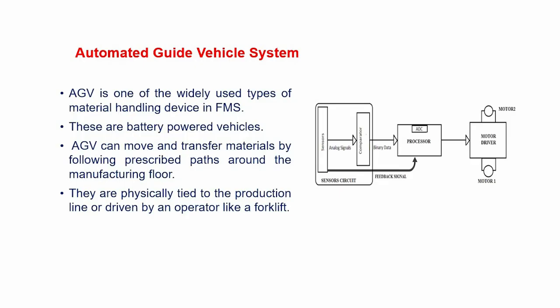Automated guided vehicles can move and transfer materials by following prescribed paths around the manufacturing floor. They are used to transfer materials, devices, and parts along prescribed paths around the manufacturing floor in the industry.